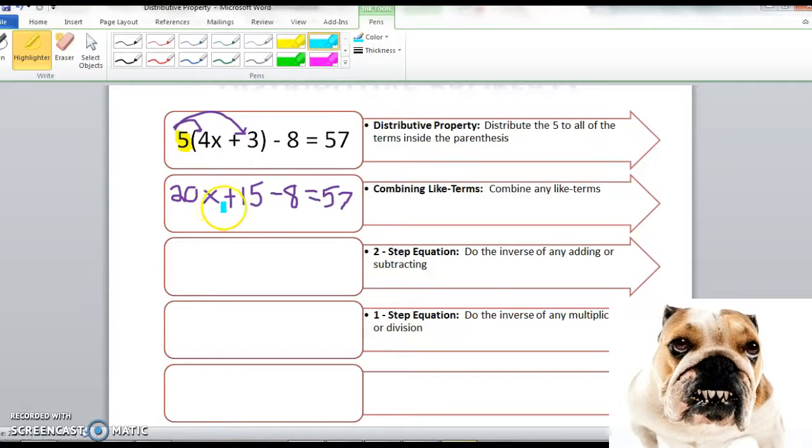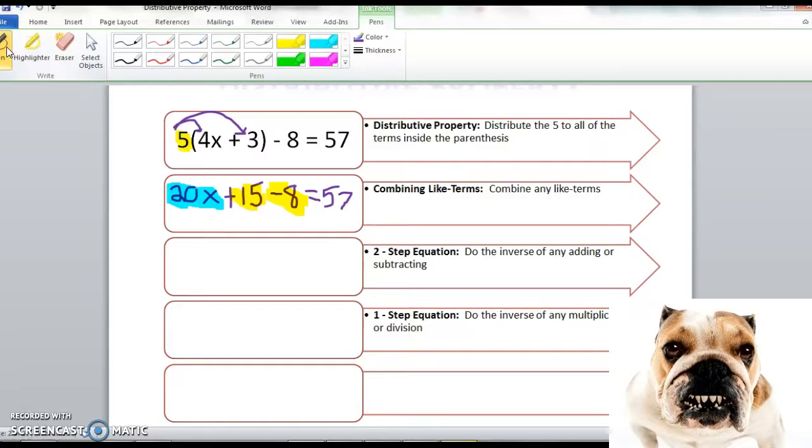Now I'm going to combine any like terms. 20x is a term. Then I have plus 15 and minus 8. What I will provide for you are those boxes if it's easier for you to separate the terms visually using the boxes.